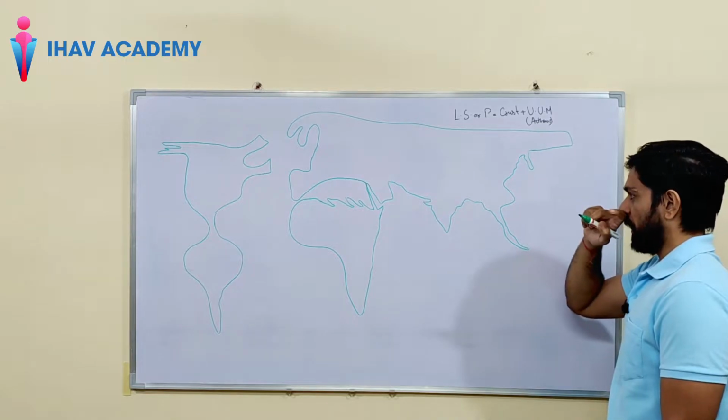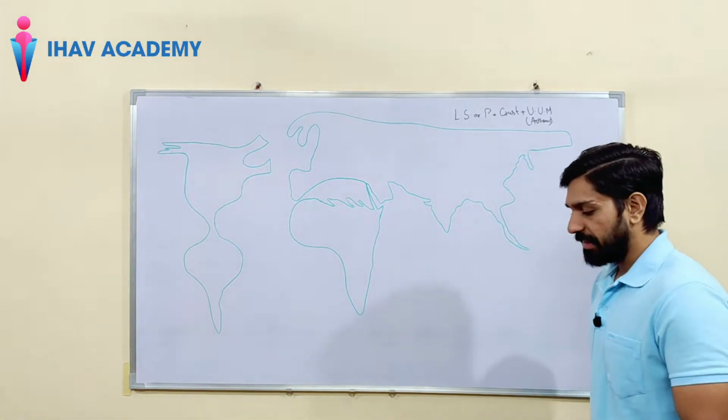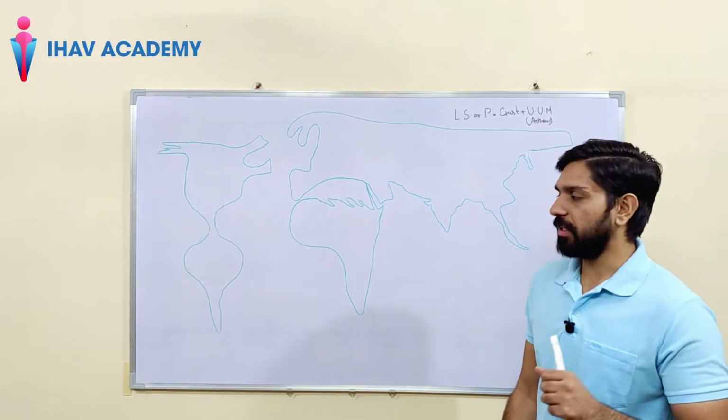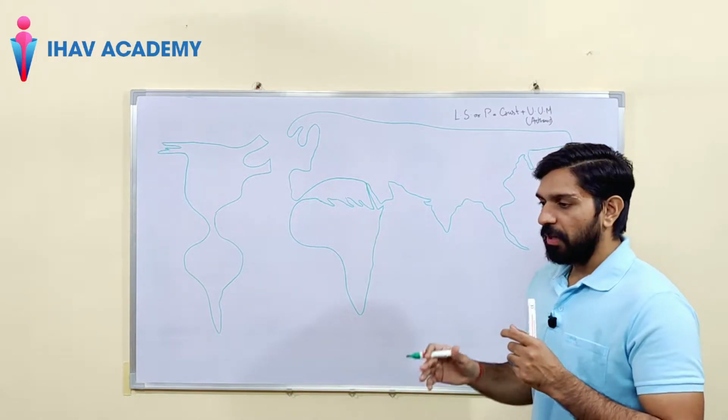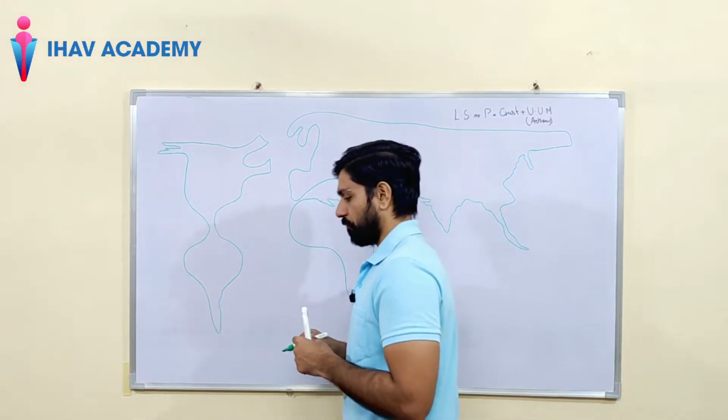These lithospheric plates are various in number, and they can be subcategorized into major plates as well as minor plates. Major plates are very large, minor are very small.